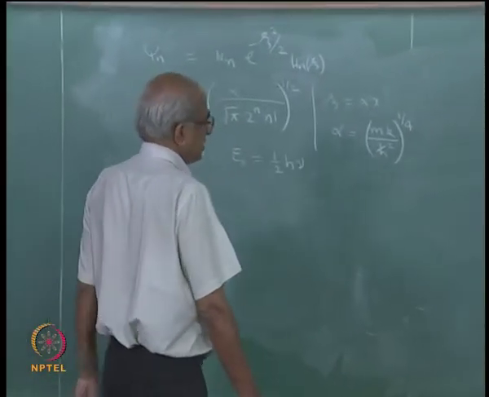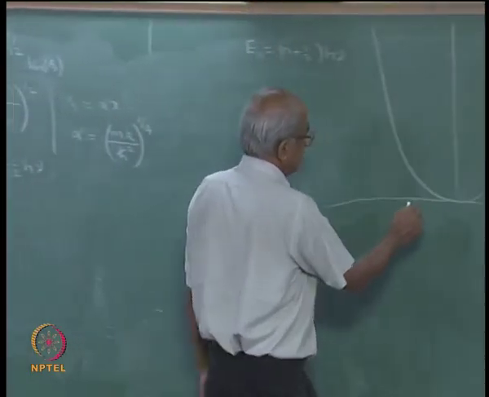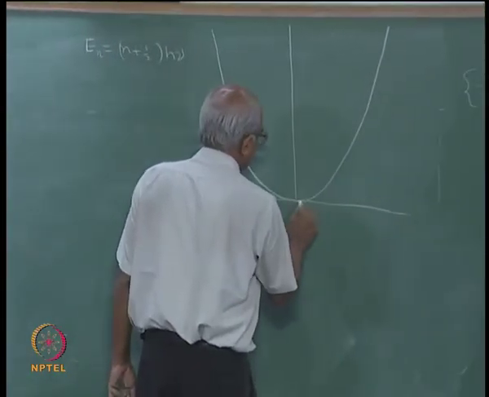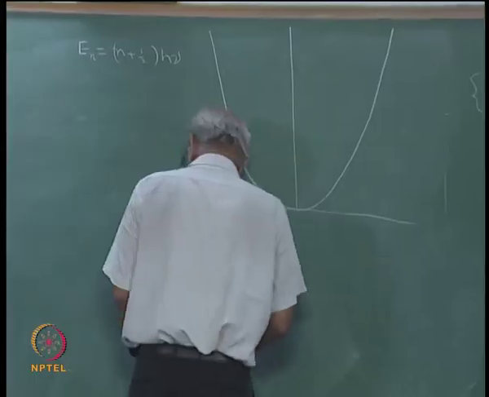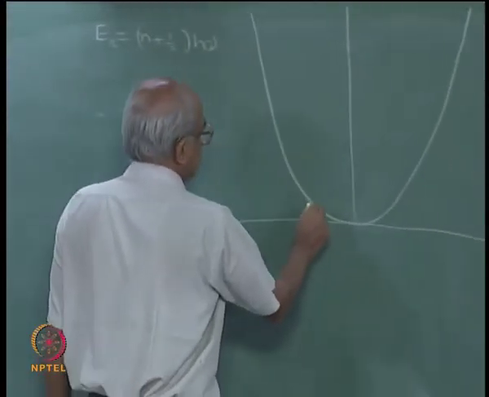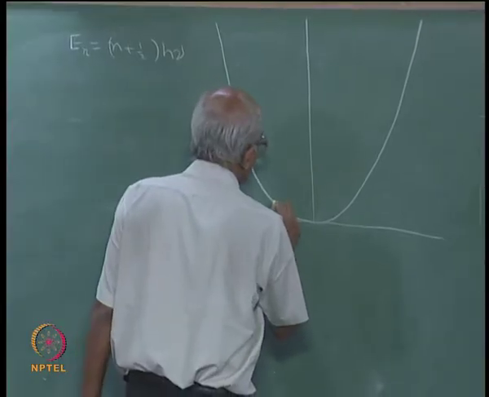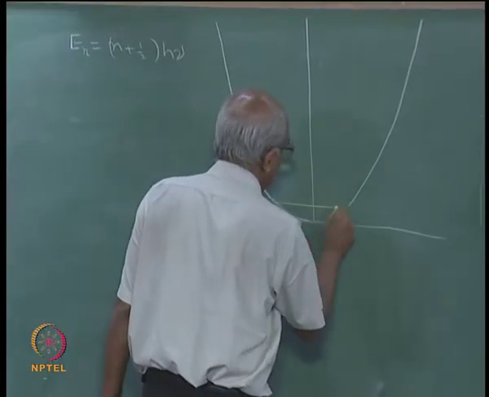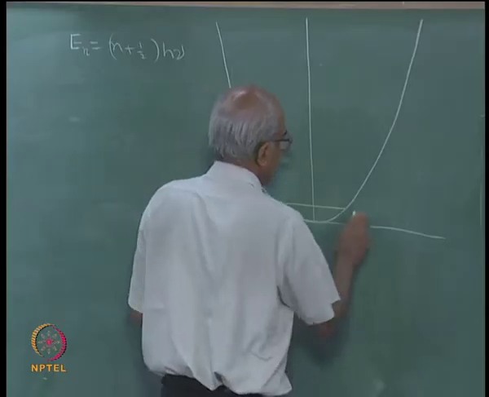So, that will be the state. Let me represent that in the figure. Here the energy is 0, but that is not possible. The first allowed energy level has n equal to 0, and I can represent it by this line. The energy is half h nu.